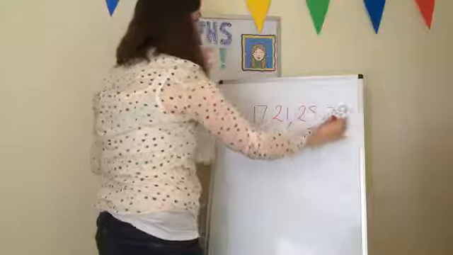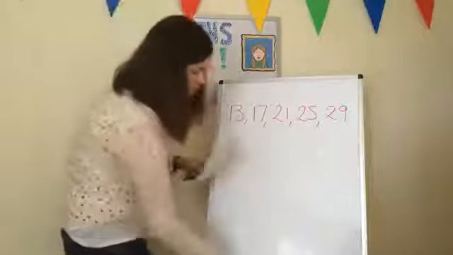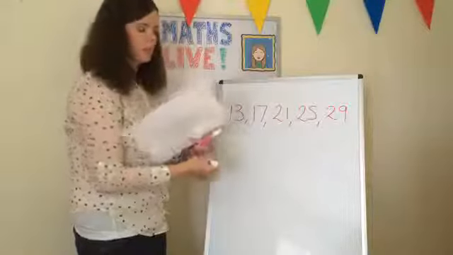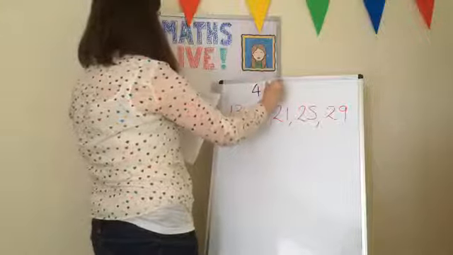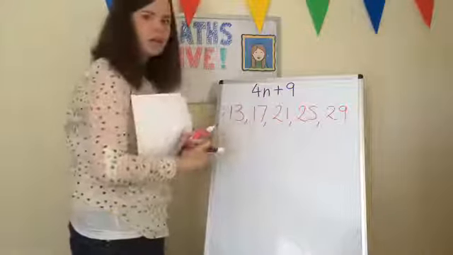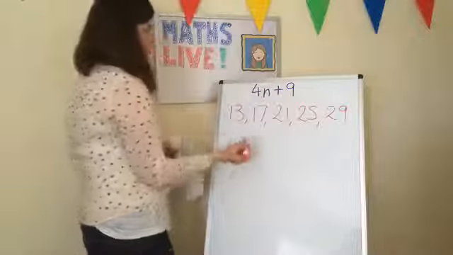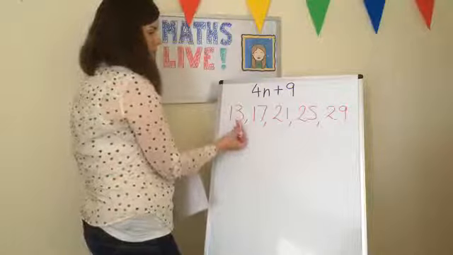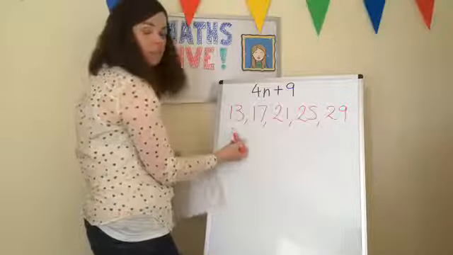And they were really nice to you in the question because they gave you the formula. They said the formula is 4n plus 9. Okay, they gave it to you. We know that's correct because if we do 1 times 4 is 4, and then we add the 9, that makes 13.